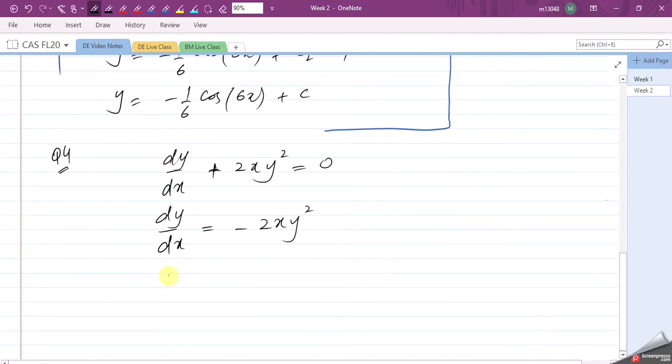Now we separate them out, and I will integrate in the same step. Dy over y square equals minus 2x dx. As you can see, y square comes down here under dy, and dx goes up and multiplies with 2x. Now we have only y on this side, only x on this side.